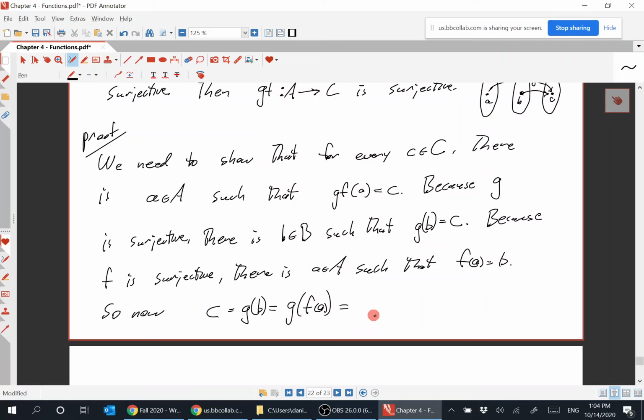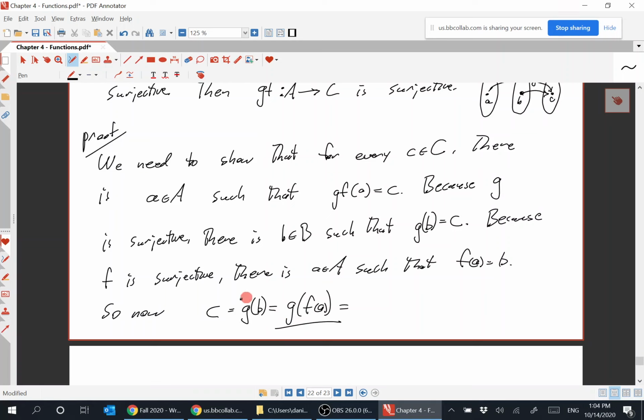C. Yeah, it is c, but what is this expression by definition?